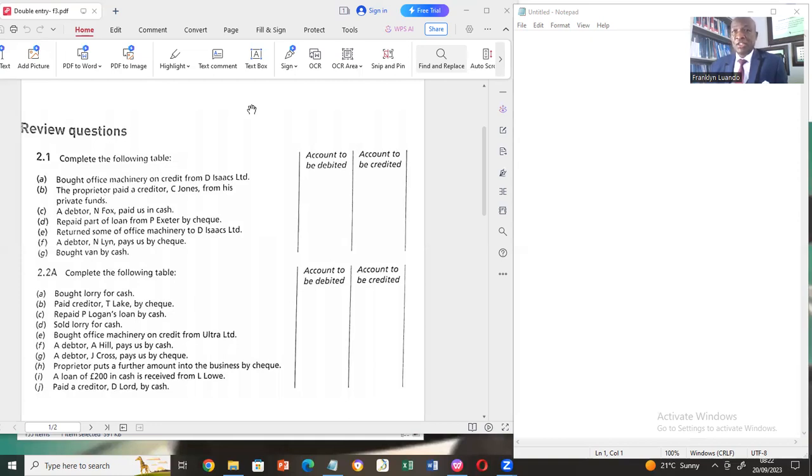So now I'll start with explaining the cash transaction. The cash transaction involves the procurement or the selling of goods and services for which the receipt or payment is made immediately, and that is cash on delivery.